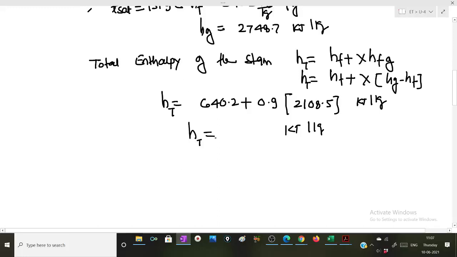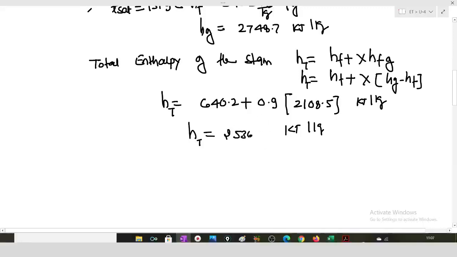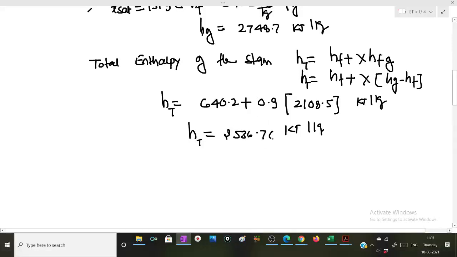So this value comes out 2536.76 kilojoule per kg.